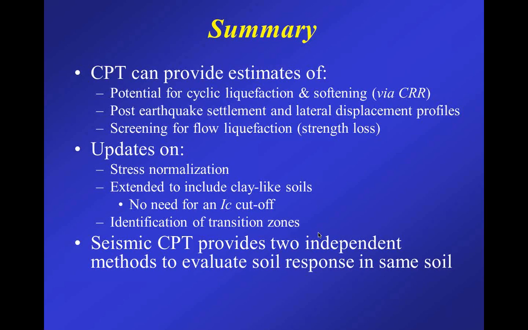The way it's normally done is you typically start off by assuming that n is equal to 1, and then you calculate the normalized cone resistance and then calculate Ic, and then based on that Ic go back in, recalculate the stress exponent n because it's a function of Ic, and then recalculate the normalized cone resistance, and you iterate.